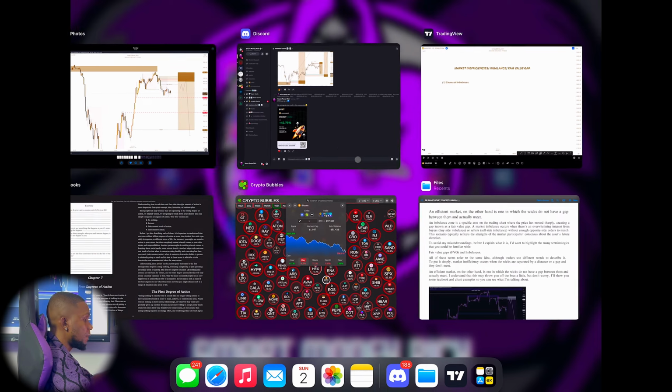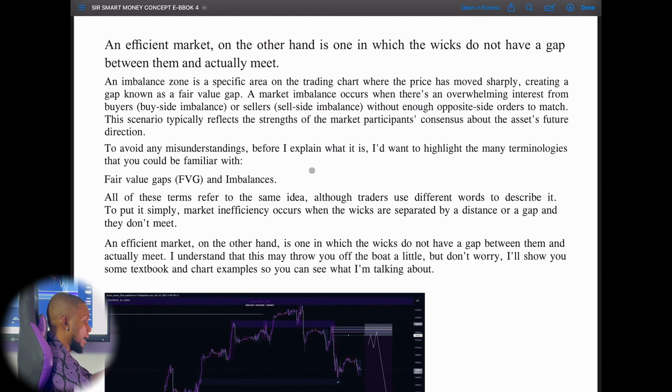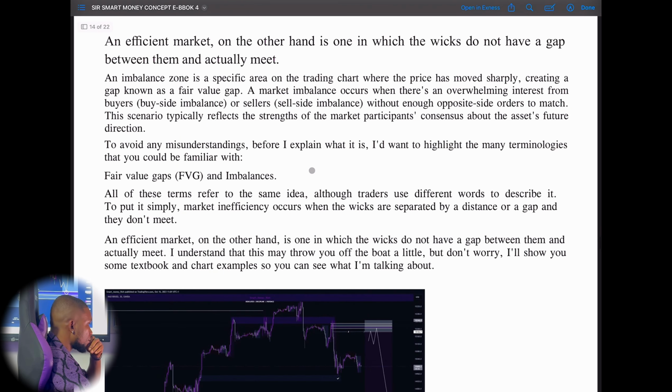So right now, guys, let's dive into the major thing we have here, right? An efficient market, on the other hand, is one in which the wicks do not have a gap between them and actually meet.